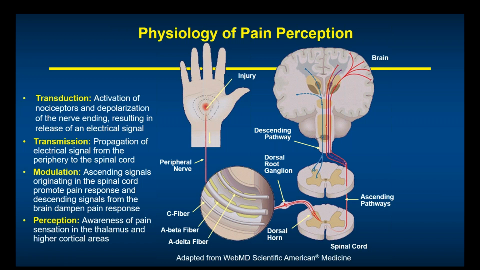And this pathway starts at higher centers of the brain and will send impulses and information that will blunt or dampen pain signals from ascending to the higher centers of the somatosensory cortex. And this descending pathway is particularly important in modulating and decreasing pain. And we'll talk about ways through multimodal analgesia where we'll capitalize on the function of this pathway.